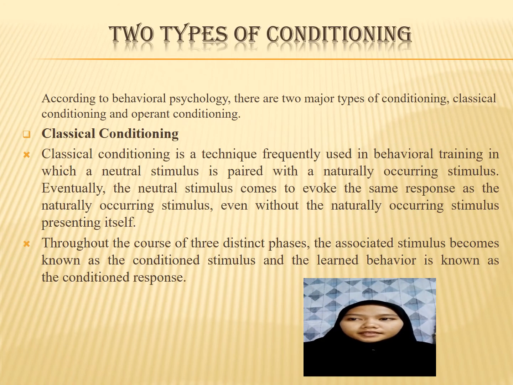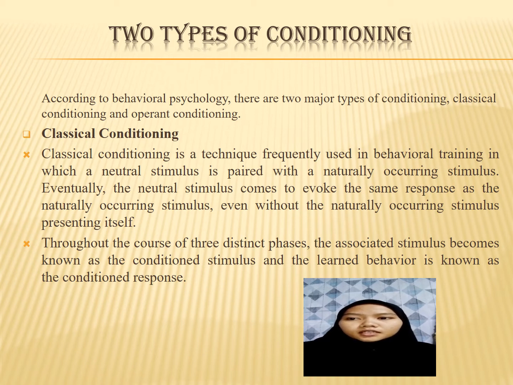The next slide is two types of conditioning. According to behavioral psychology, there are two major types of conditioning: classical conditioning and operant conditioning. Classical conditioning is a technique frequently used in behavior training in which a neutral stimulus is paired with a naturally occurring stimulus.